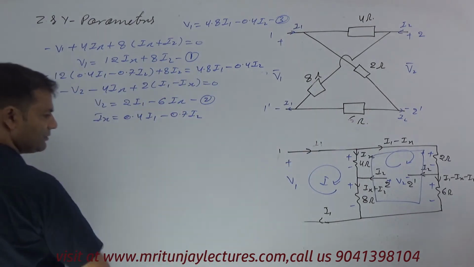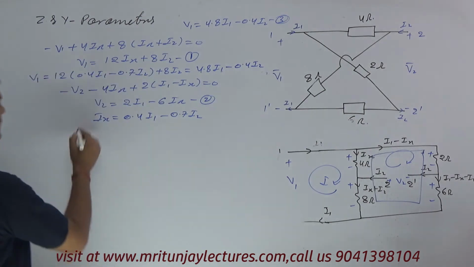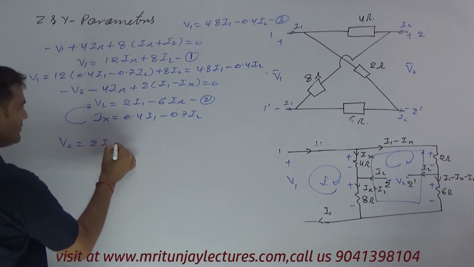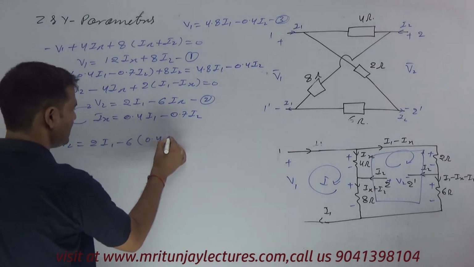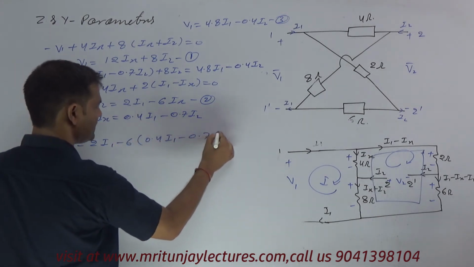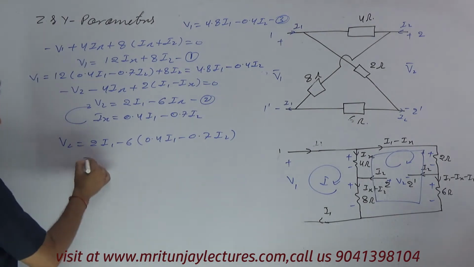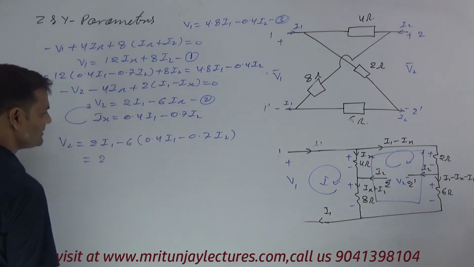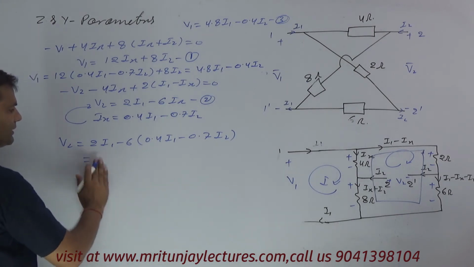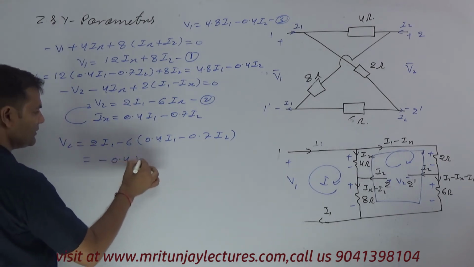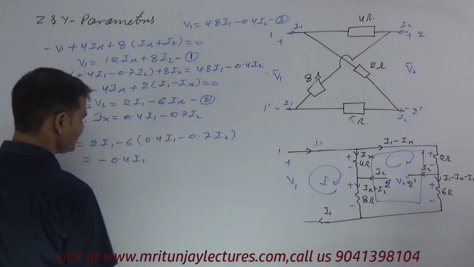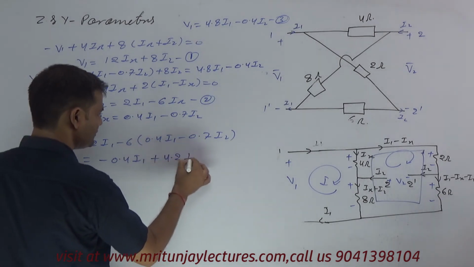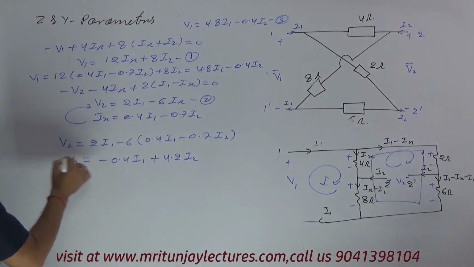Now if this value is put in equation number 2, so V2 is equal to I1 minus 6 into 0.4 I1 minus 0.7 I2. So we got that is 0.4 I1 plus 4.2 I2, that is V2.